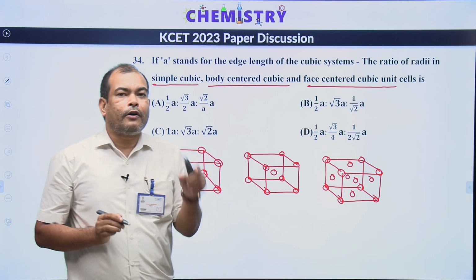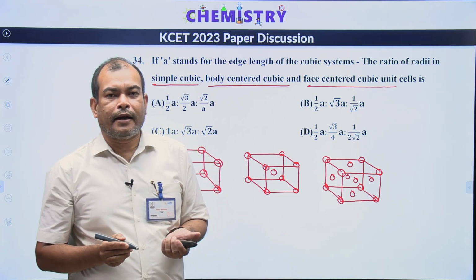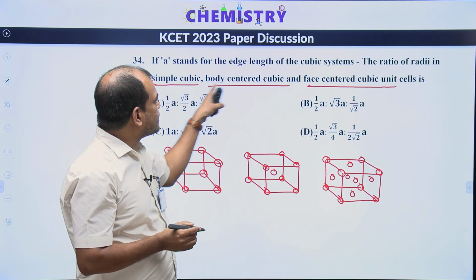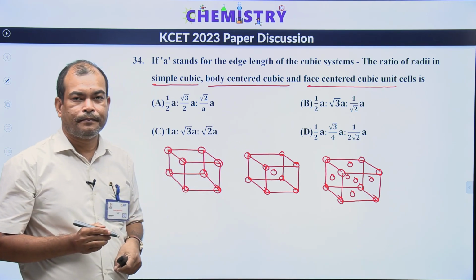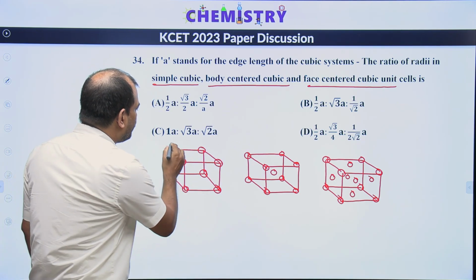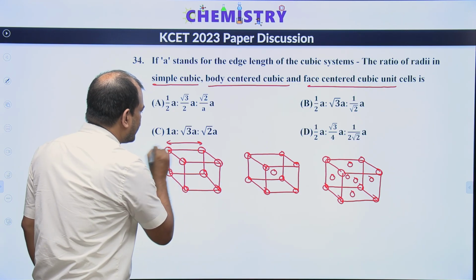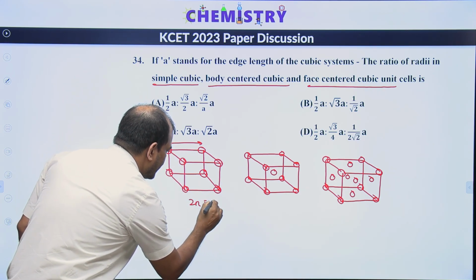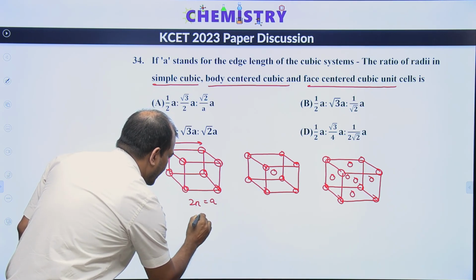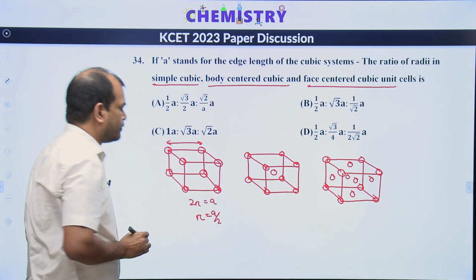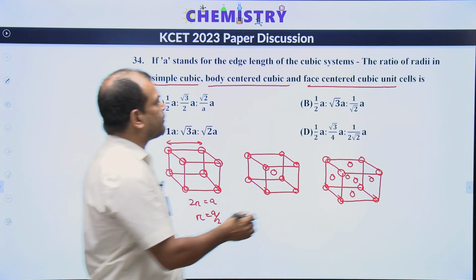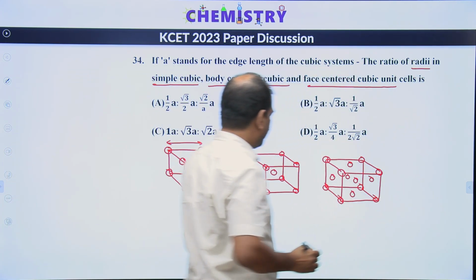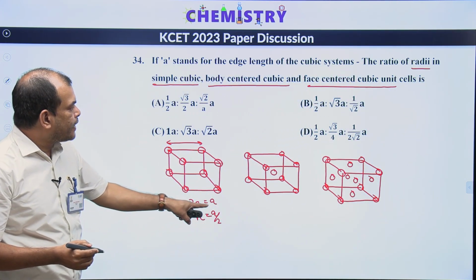Now the important thing here is how the edge length is related to the radius, because you have to find everything with respect to it. If it is a simple cube, this is a, therefore we can write that 2r is equal to a, therefore r is equal to a by 2. For the simple cubic lattice we get a by 2.